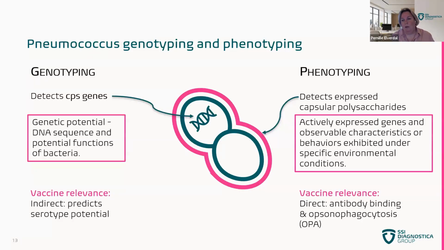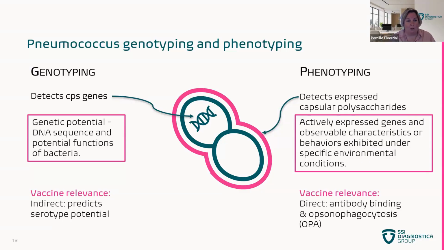And then if we go in and look a little deeper at the two methods, genotypic methods detect the capsular polysaccharide genes, whereas the phenotypic method actually detects the expressed capsular polysaccharides on the surface. So genotypically, the genetic potential is shown, the DNA sequence, and the potential functions of the bacteria.